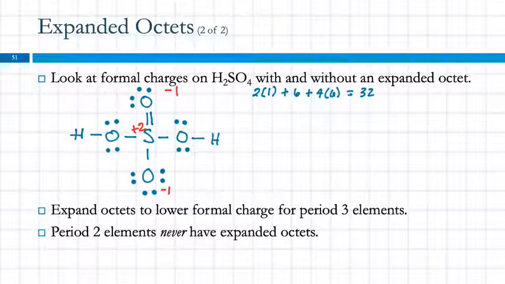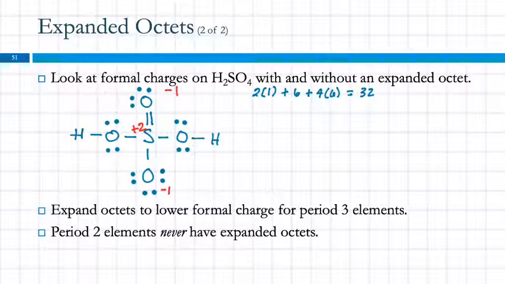How do you know when you're period 3? So period 3, that would be, well, aluminum's a metal, but silicon, phosphorus, sulfur, chlorine, those guys, and anyone who's bigger, not larger. Aluminum is a metal.